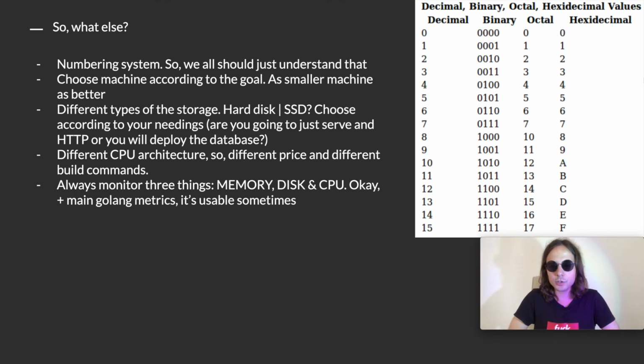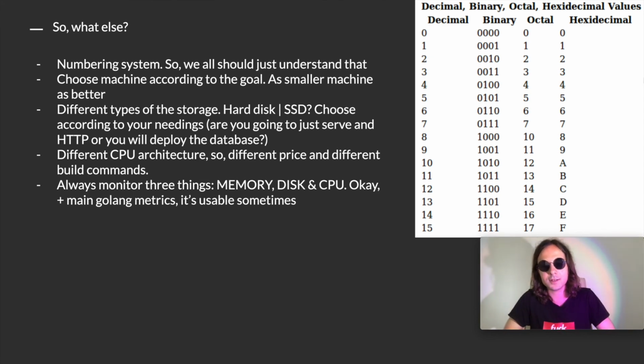You should remember that, according to this lecture we had, there is a CPU, memory, and disk. And according to these three main things, you will choose a machine that has a better CPU and, for example, a somewhat slower disk, or, for example, a big amount of random access memory, but not a really big amount of disk.